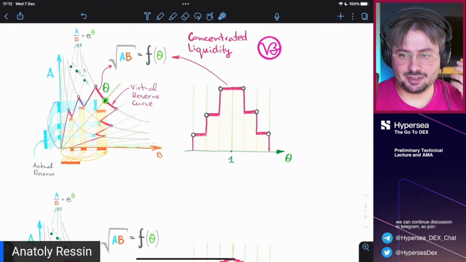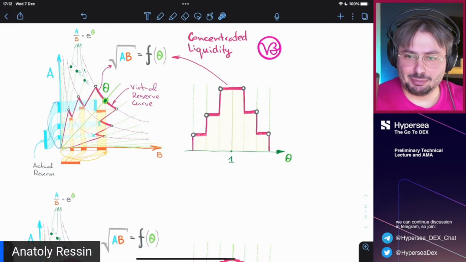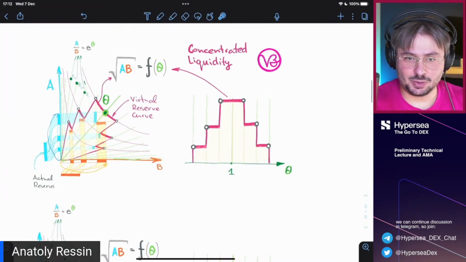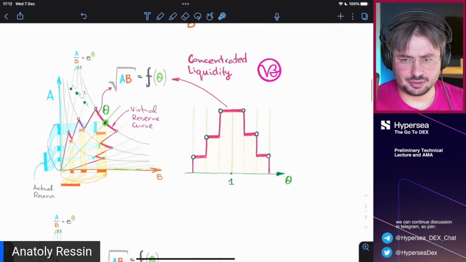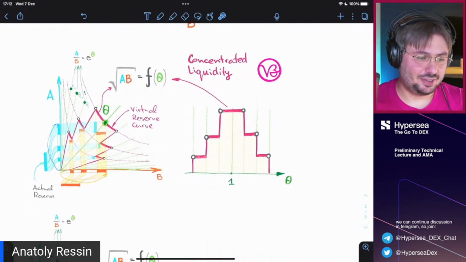But we have an improvement, so our ticks are easily convertible in your head, but they also have a logarithmic nature like Uniswap version 3. But this is another theme.